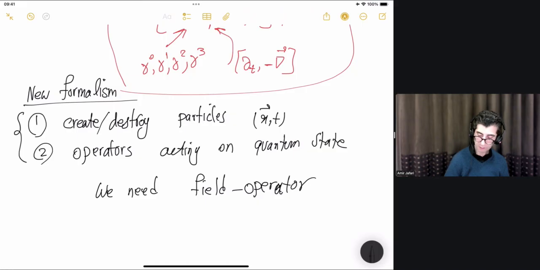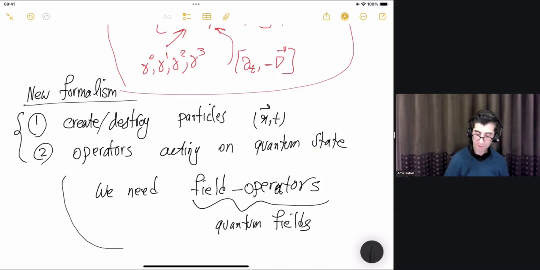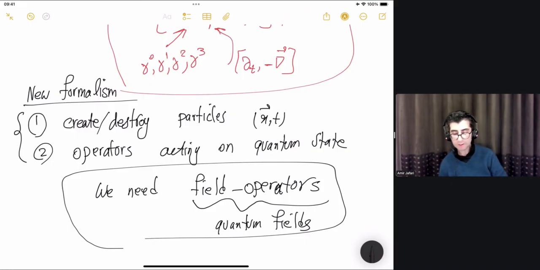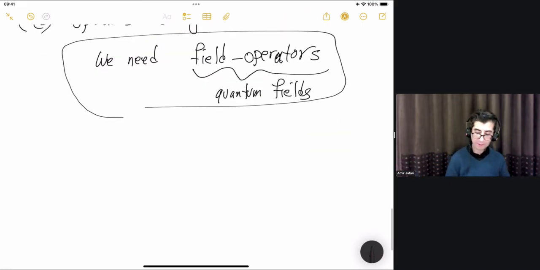Okay, we need field operators and we call them quantum fields. So what does it do for us? Well, it can operate as follows. Let's make it simple.